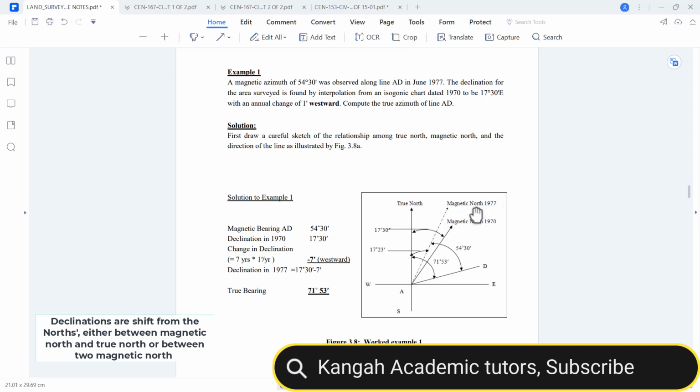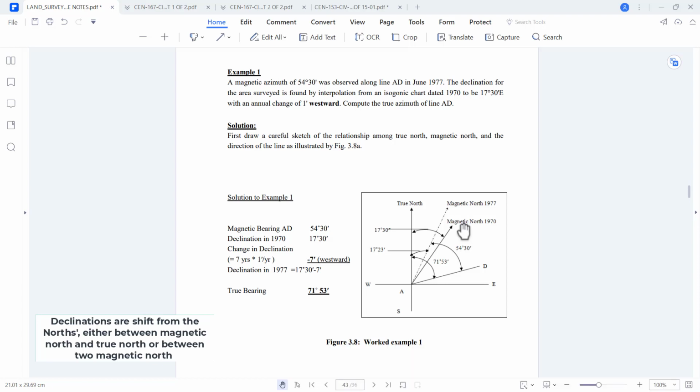The difference between 1977 and 1970 is 7 years. Since it's an annual change of 1 minute, 1 minute multiplied by 7 will give us 7 minutes. Meaning that the change in declination between 1977 and 1970 is 7 minutes.